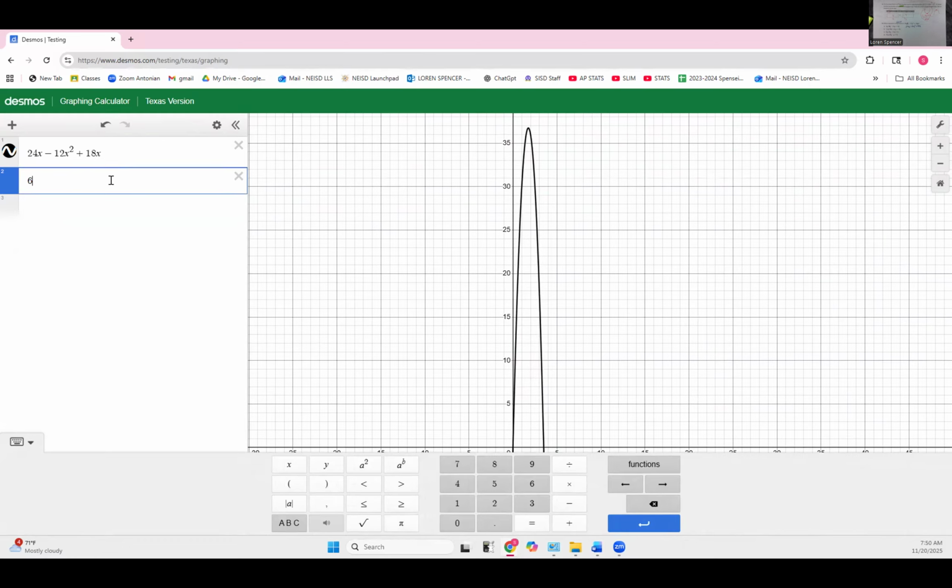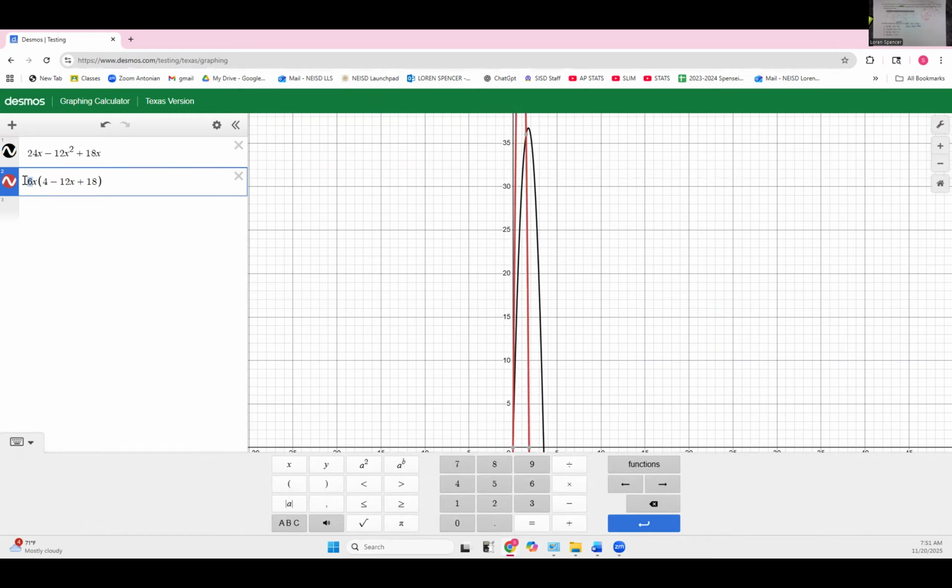So we have 6x parentheses 4 minus 12x plus 18. Well, that one's not exactly the same, so it's not that one. So we can't be that one, so we have to redo it.